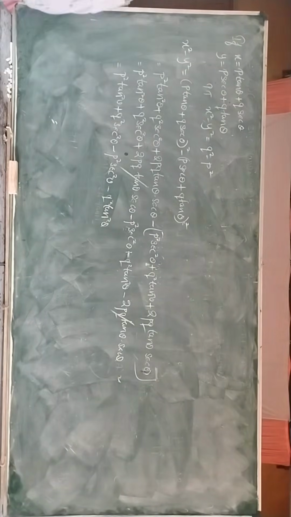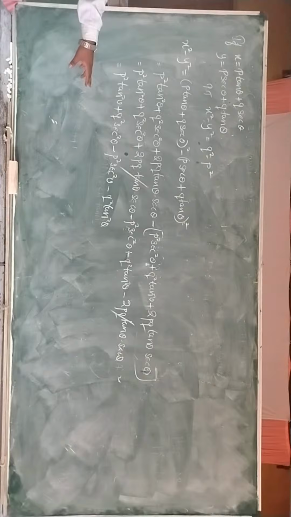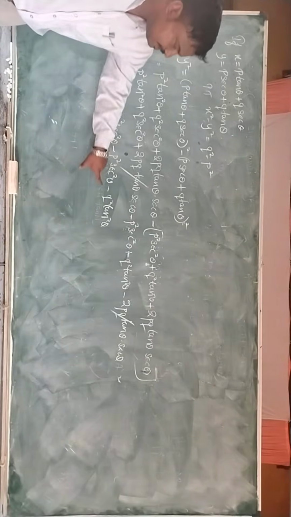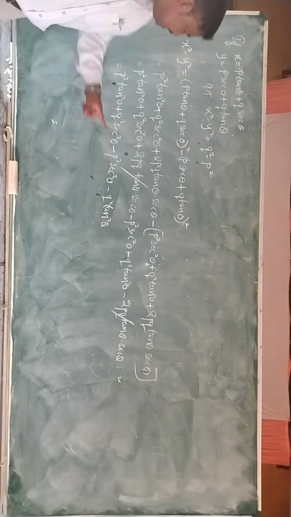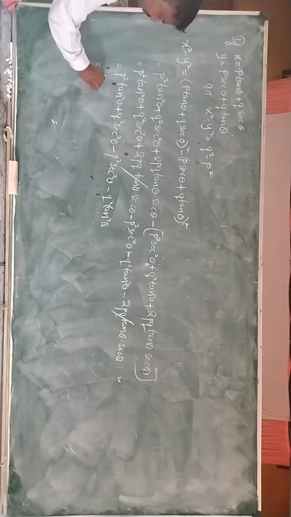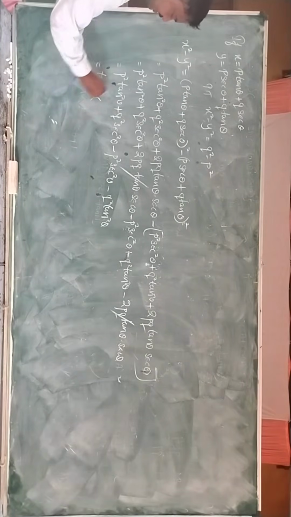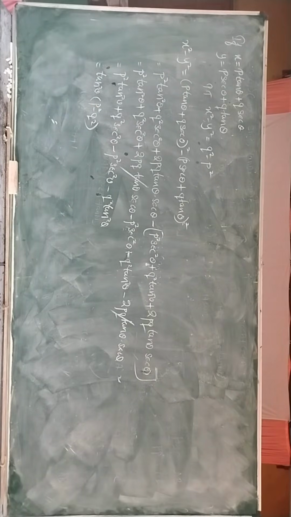Here, what to do? We need q square minus p square. Where is q square? Here tan square is there, and here also tan square is there. If I take tan square theta as common, this is p square minus q square.